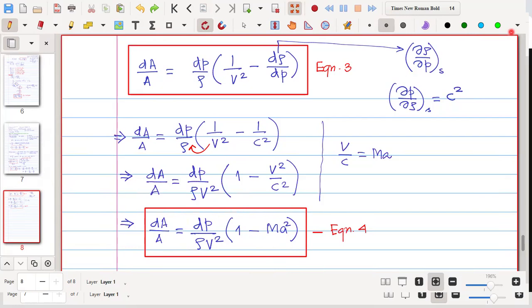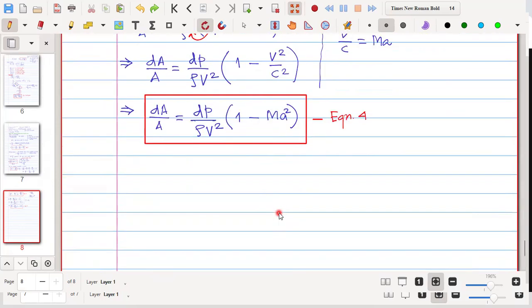So from this equation, what we understand is to be seen first. Now here you see that the left hand side is dA by A. A is always positive, but dA can be positive or negative or 0.